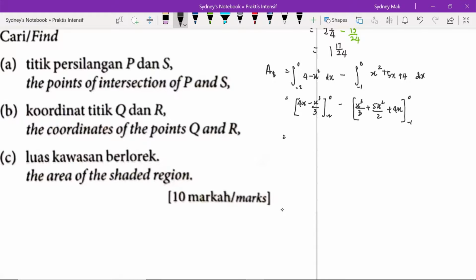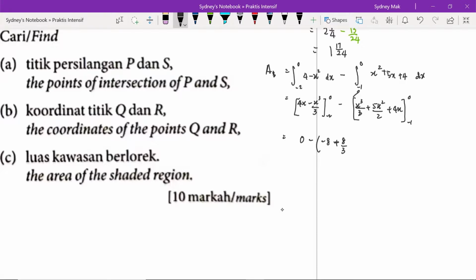So when x equals 0, we got the term 0, and then minus, substitute the -2 in, so we have -8, minus x cubed. Negative cube of -2 is -8, so with the negative it becomes plus 8 over 3.